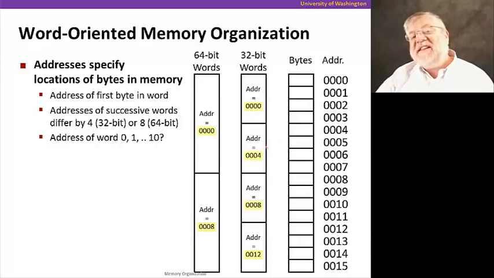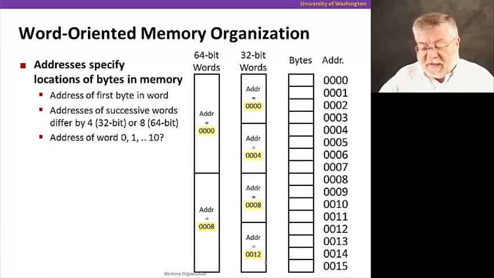And it doesn't make any sense to talk about the words between those at addresses 1, 2, and 3 because we're going to be grouping things in this 4-byte structure. So we want to move on to the next 4-byte structure. The next address will be 4, the next address will be 8, the next address after that will be 12, and so on. And these are in base 10.